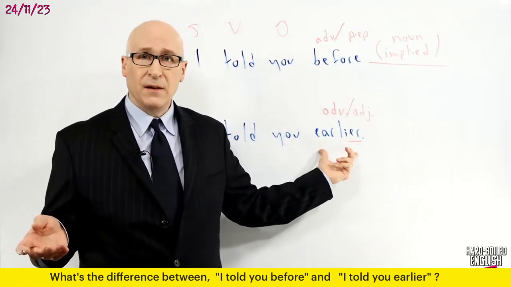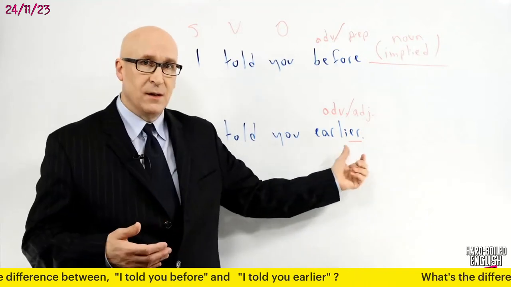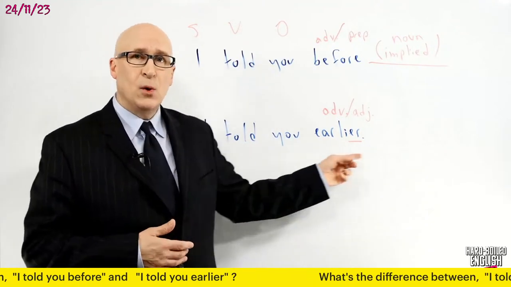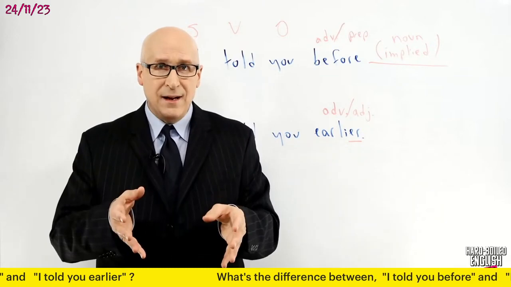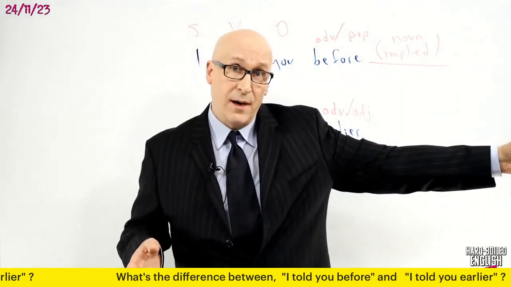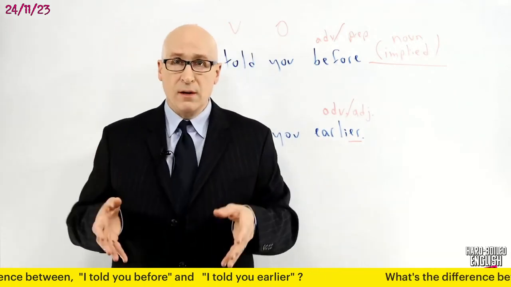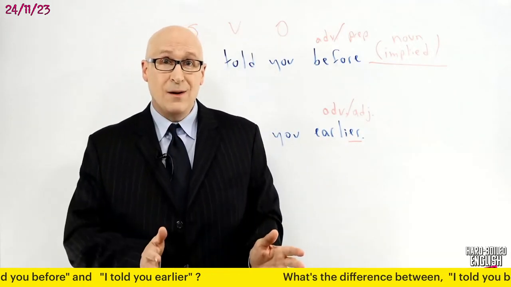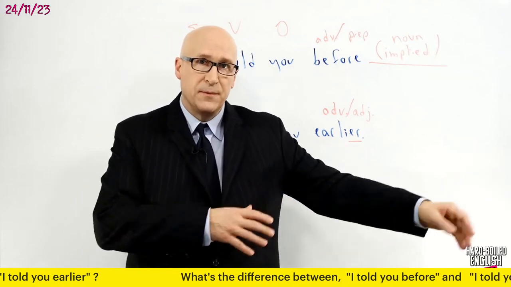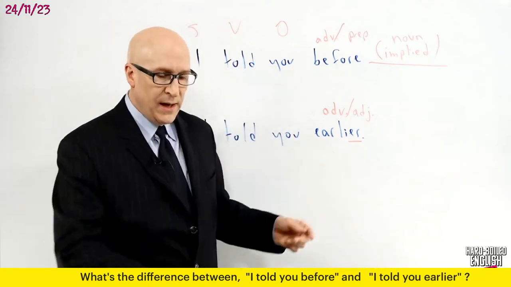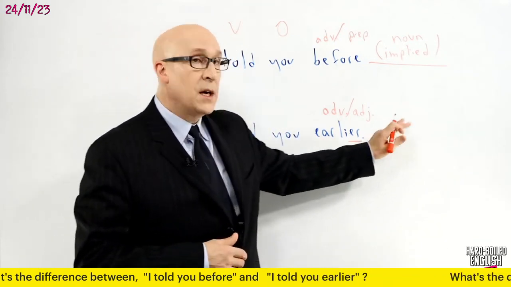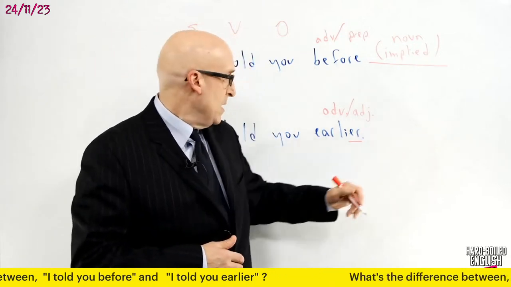Earlier is a comparative. So what we're saying here, what we're meaning is, I told you earlier than another time. And typically it means now. I told you earlier than now to tie your shoes. So this is implying a comparative, right?